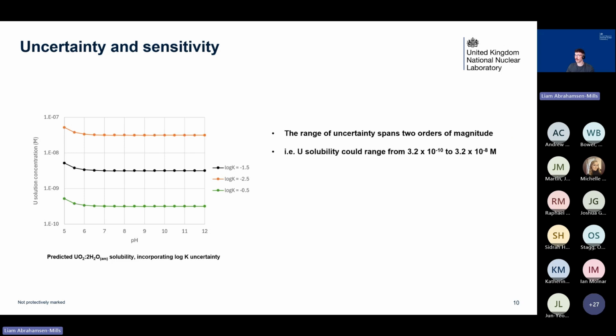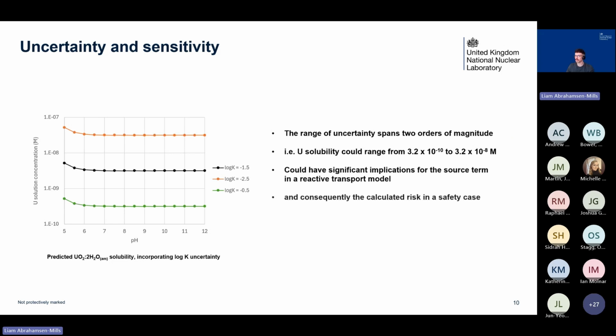It could range from around 3 times 10 to the minus 10 to 3 times 10 to the minus 8 moles per litre in solution. That could have quite significant implications for the source term in a reactive transport model and the risk calculated for a safety case. It really shows why understanding uncertainty in these data is important and why high quality data is essential.